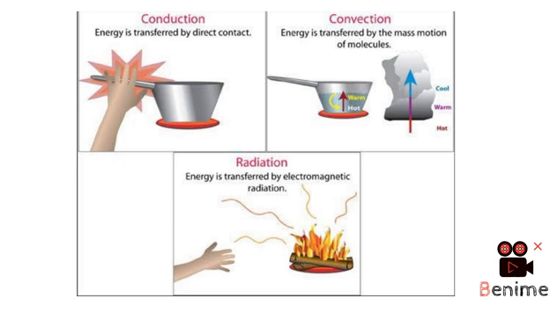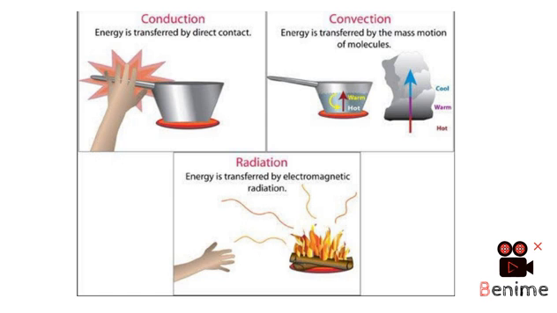In conduction, heat energy is transferred by direct contact between the bodies, like the heat transfer from a hot pot to the handle of the pot. It is by direct contact. If the handle is not in contact with the pot, there will be no heat transfer. That is conduction. An example of convection is the heat that the steam in boiling water carries to the lid, the cover of the pot.